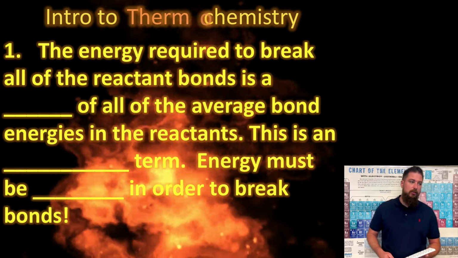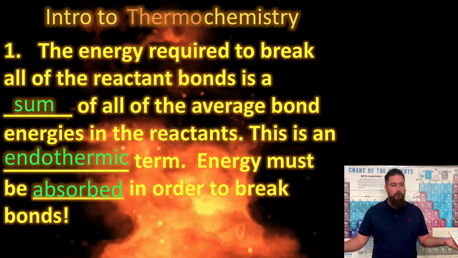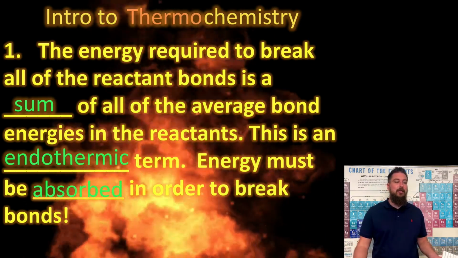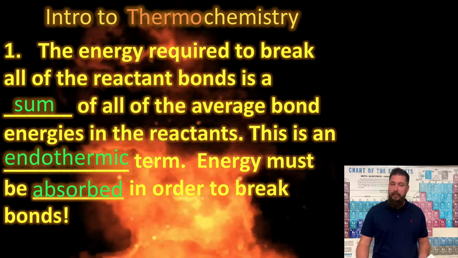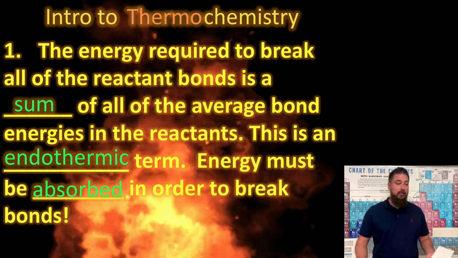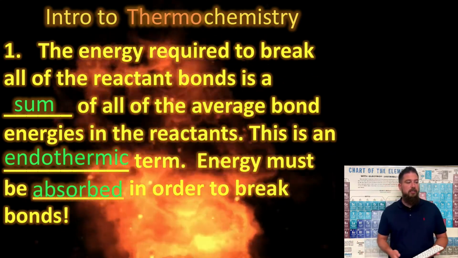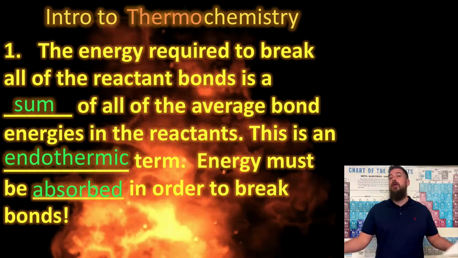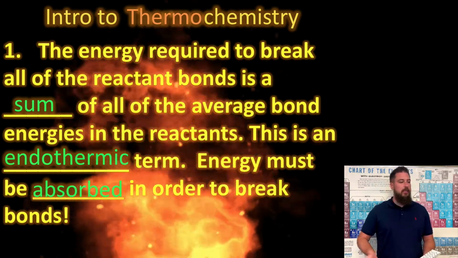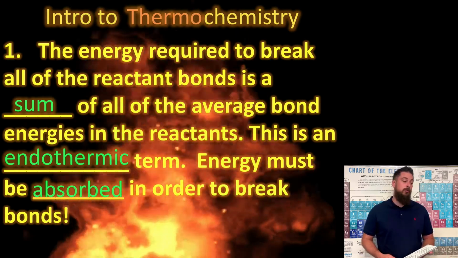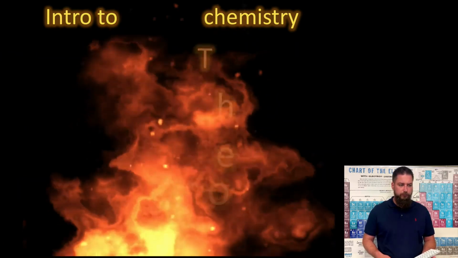But anyways, the energy required to break all of the reactant bonds is a sum of all the average bond energies in the reactants. And this is, again, an endothermic process because energy must be absorbed to break those bonds. And so again, anytime bonds are broken, energy is absorbed. Very important.